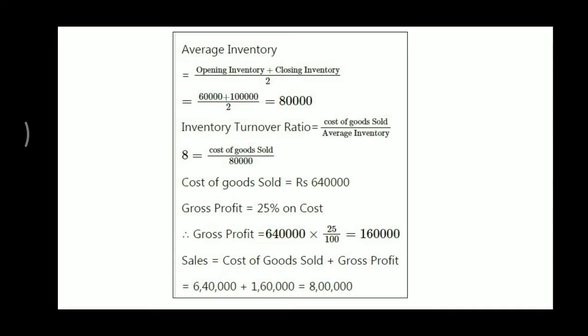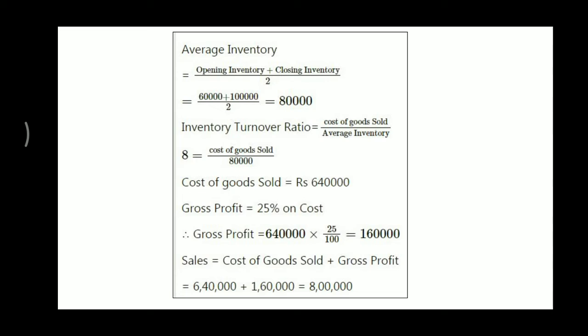That means simply GP on cost is given as 25%. So first of all you will calculate average inventory because both opening inventory and closing inventory are given. So opening inventory 60,000, closing inventory 1 lakh, divided by 2. So 1 lakh 60,000 divided by 2, average inventory is 80,000.